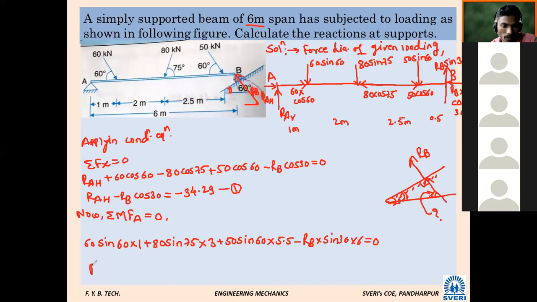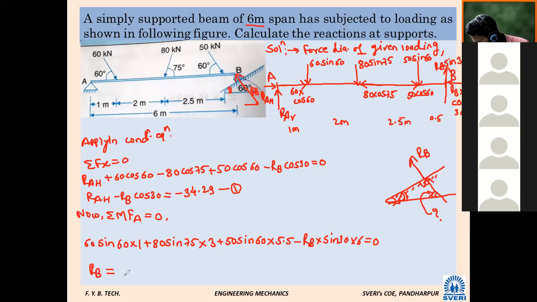From this equation, calculate RB. First, 60 sin 60 plus 80 sin 75 into 3 plus 50 sin 60 into 5.5, divided by 3, RB. 173.97.